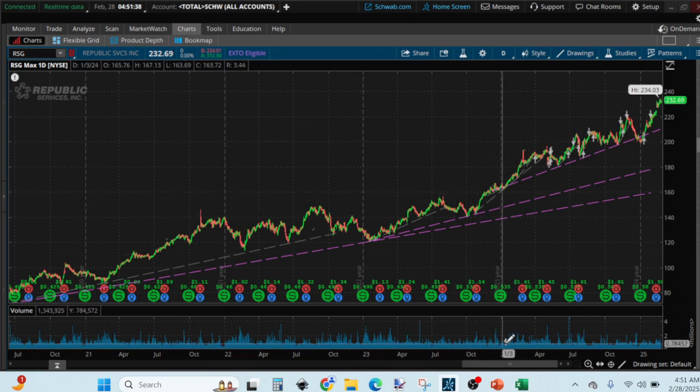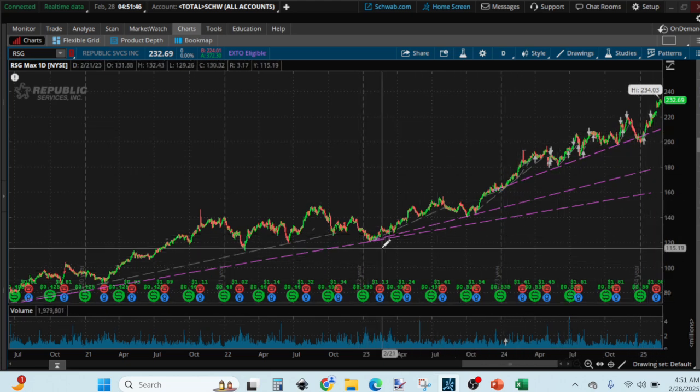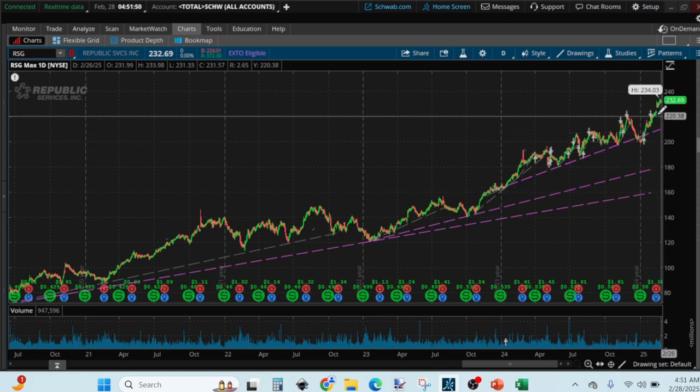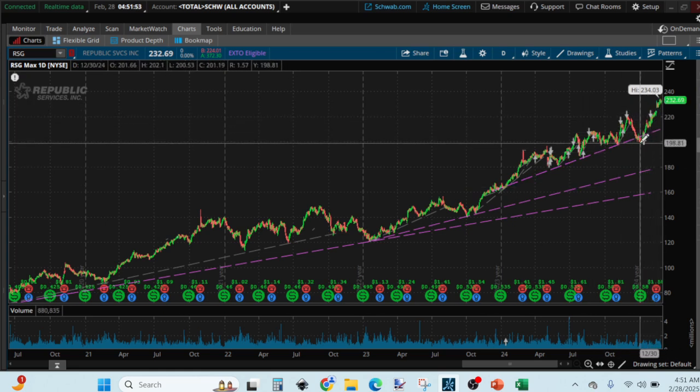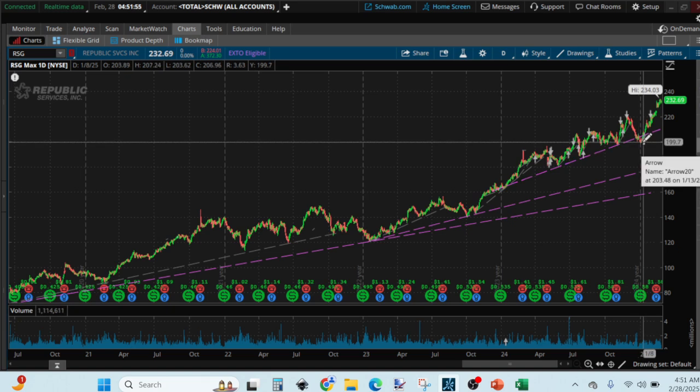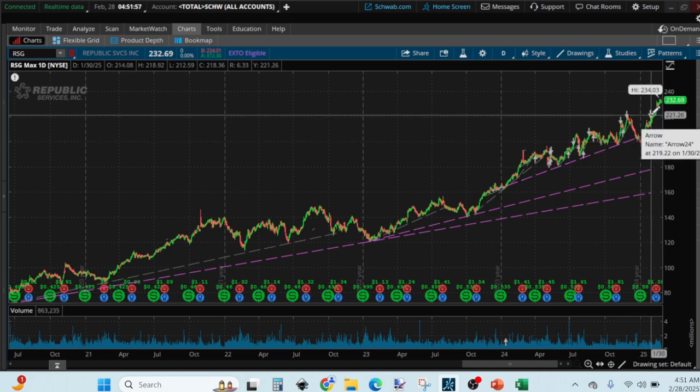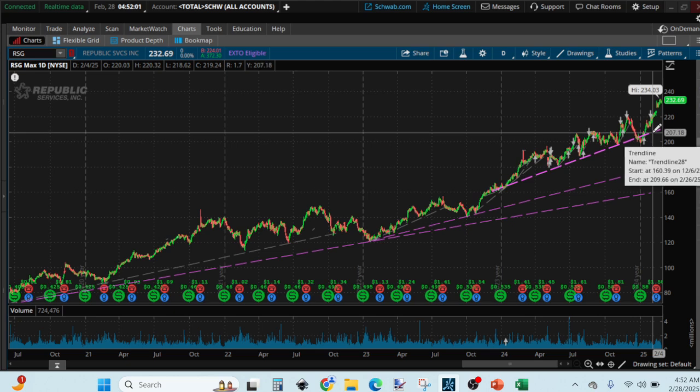The x axis is the date. We have the years 2023, 2024, 2025, so a 2 years time frame, and we don't know when it's going to start going down. So we just prefer, when we bought it at that trend line and it started going up and reached a new high, to lock it in and get out.